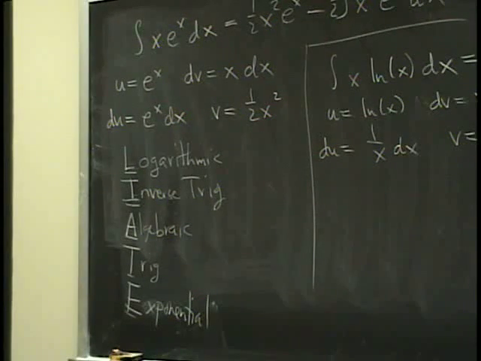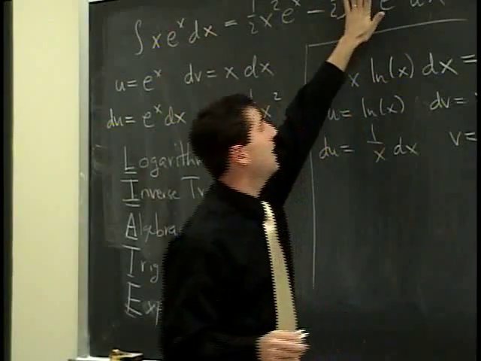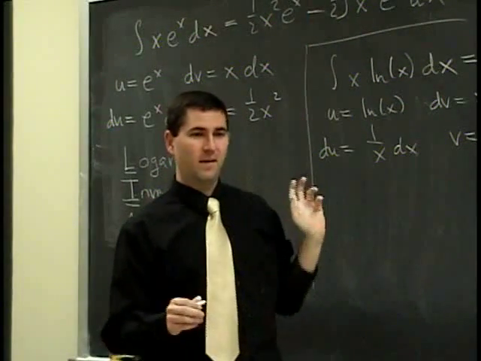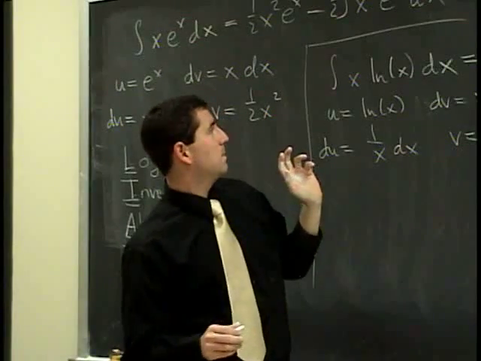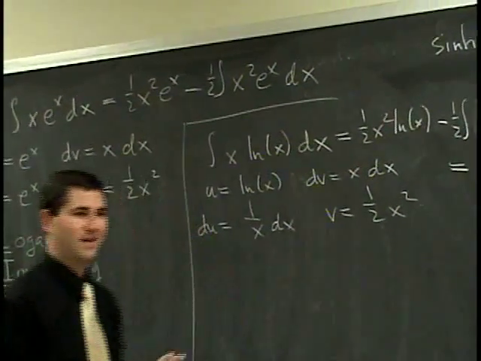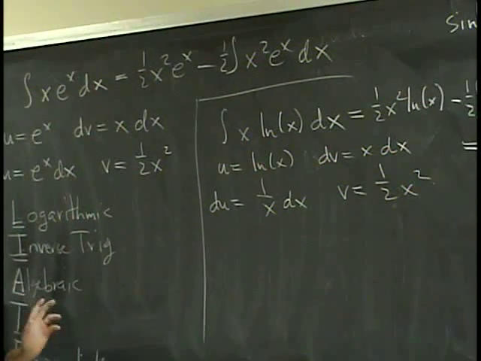Somehow morally, if I write down x times e to the x, it makes sense to let the u be the x, because when you go through that process, it decreases the degree. If you have an x squared, it becomes an x, and then the next time it goes away. But what happens if neither of them is an x? Then it's not so clear what should happen.